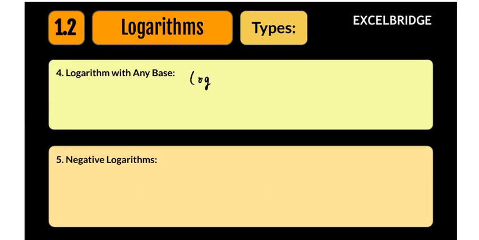Logarithm with any base, where b is greater than 0 and b is not equal to 1.